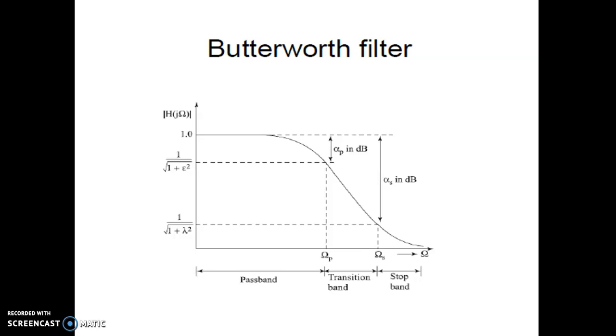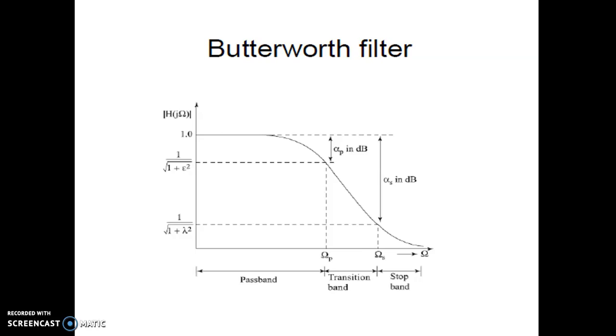Shown is a diagram of a Butterworth filter with analog frequency on the x-axis and magnitude of H of j omega on the y-axis. You can see that the response gradually degrades from 1 and goes down. The place where it goes to 1 upon square root of 1 plus epsilon square is called alpha p, and the place where it goes to 1 upon square root of 1 plus lambda square is called alpha s.